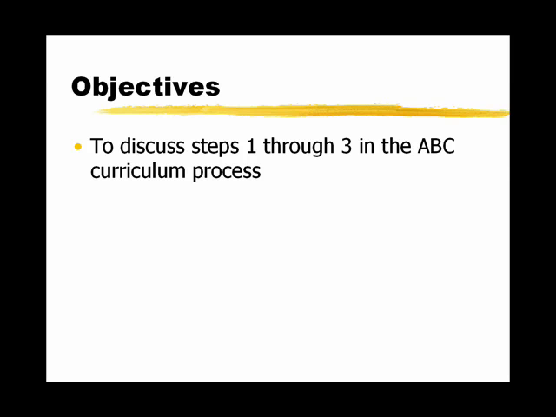You should be aware that in addition to the material from the ABC curriculum process model from the textbook, I'm going to try to also bring in some things from some other resources and just some things I've learned over time about developing a brand new thing.